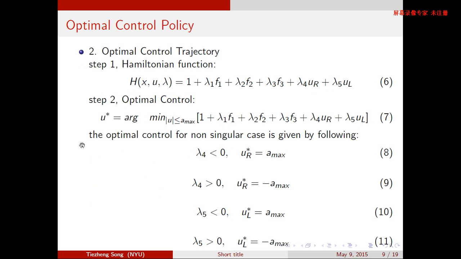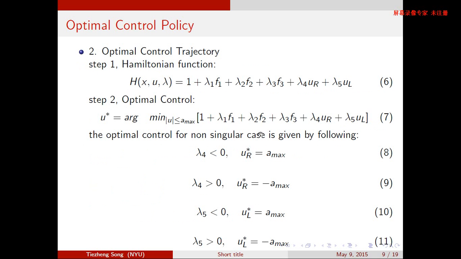To solve these problems, the minimum principle can be used. The first step is to write down the Hamiltonian function, which is given by the cost function and the dynamics of these systems. And the next step is to figure out the optimal control policies.